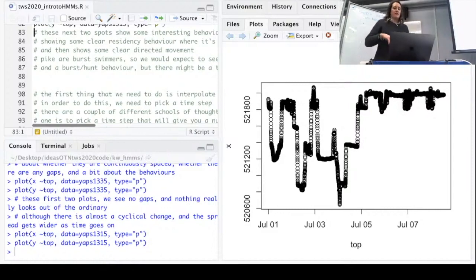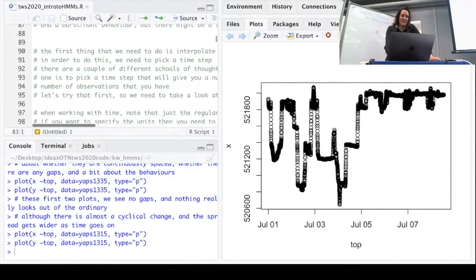So we definitely see some residency behavior here, I think. And so that makes sense that maybe that animal is sitting and waiting for prey to come around. I'm not sure if we can actually get burst behavior out of a hidden Markov model. So the amount that it's moving in between those kind of stationary times is definitely more indicative of maybe I'm going to go look for a different area to sit and wait, as opposed to I'm bursting for that amount of time.